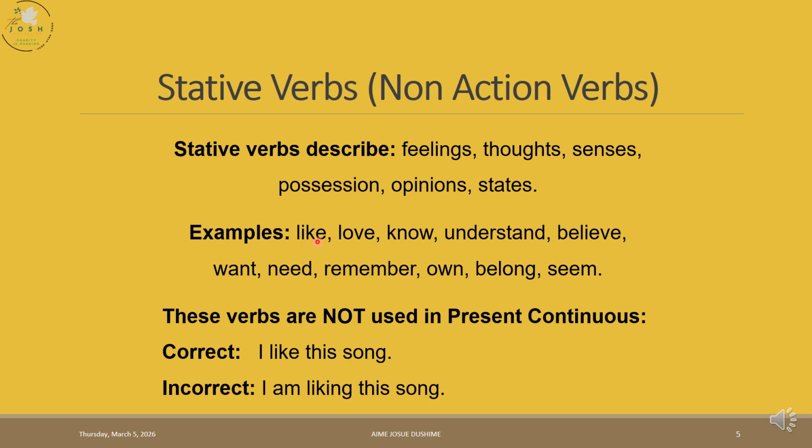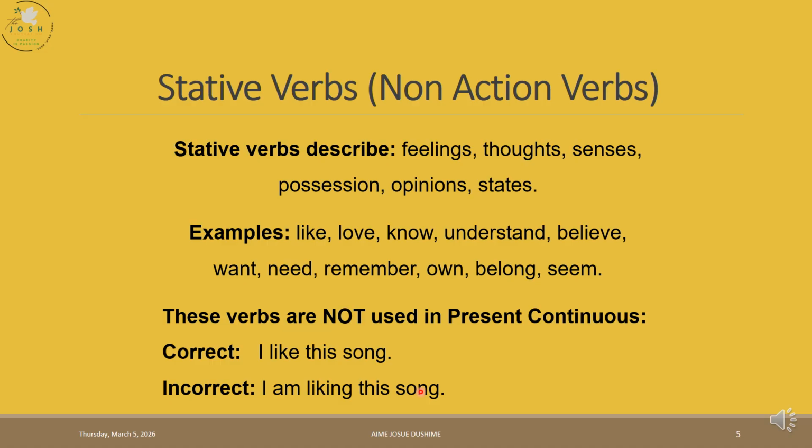Examples: like, love, know, understand, believe, want, need, remember, own, belong, seem. In this case, they are not used in present continuous. Remember, I said they don't use the ing form. I can say I like this song, but I cannot say I am liking this song.